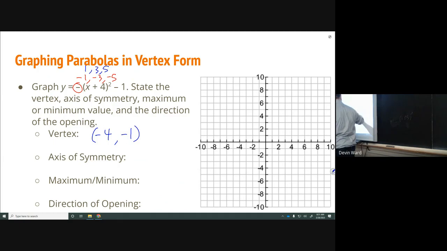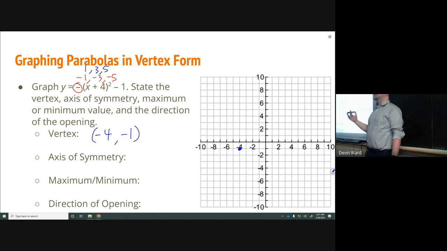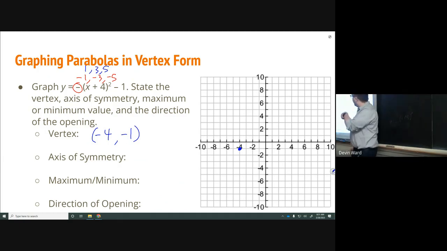So if I start at negative 4, negative 1, right here. If I'm saying I'm going up by negative 1, what I'm really saying is I'm going which direction? Down. Perfect. So whenever they're negative, you're just going to go down instead of up. And that's what causes the reflection. So same thing.